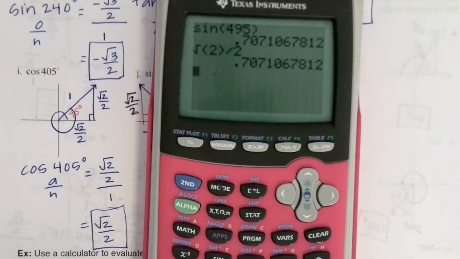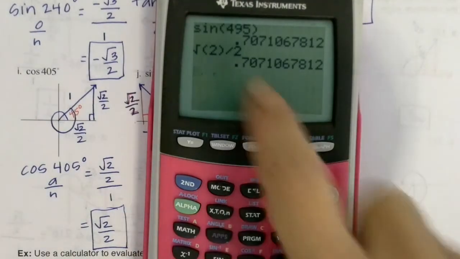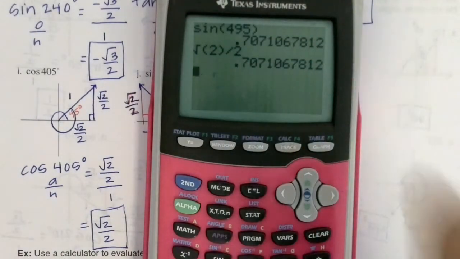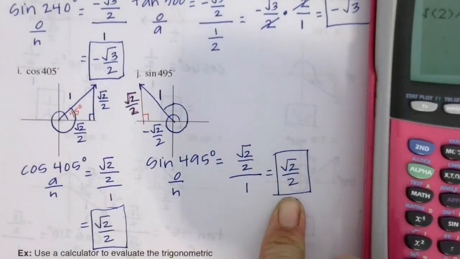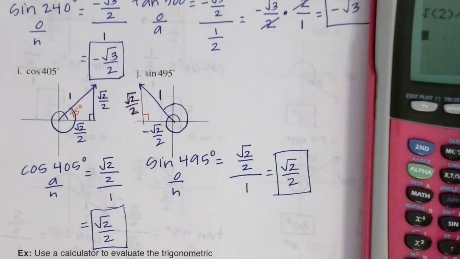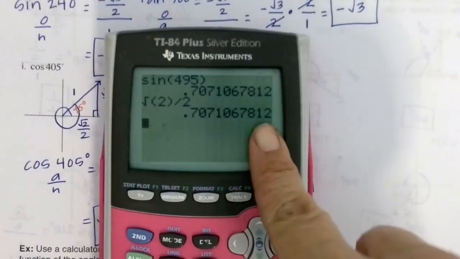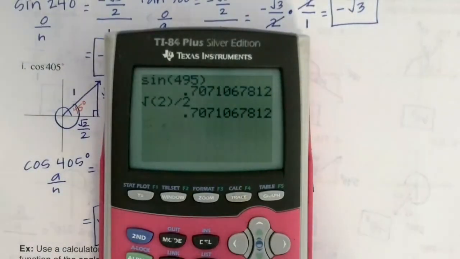It's the same thing. So it's just in decimal form rather than in exact form. So these are approximations versus this is the exact value because there's no rounding going on. Okay? Your calculator has to round. Square root 2 over 2 is an irrational number. It's kind of like pi. It keeps going on forever and there's no pattern.